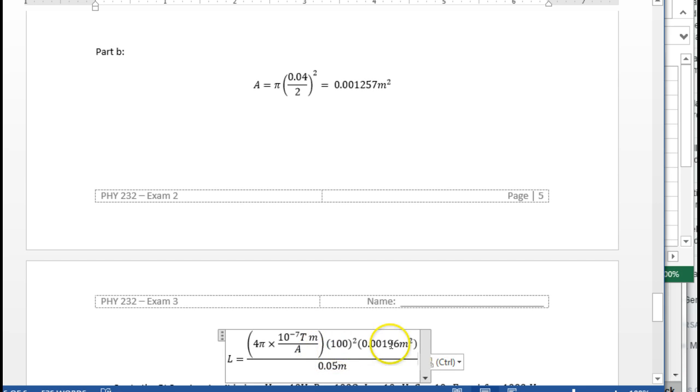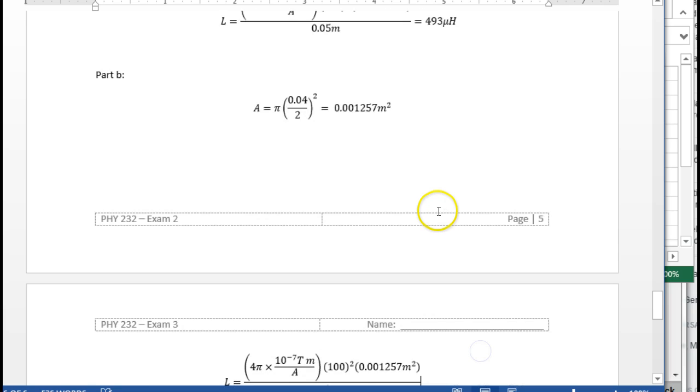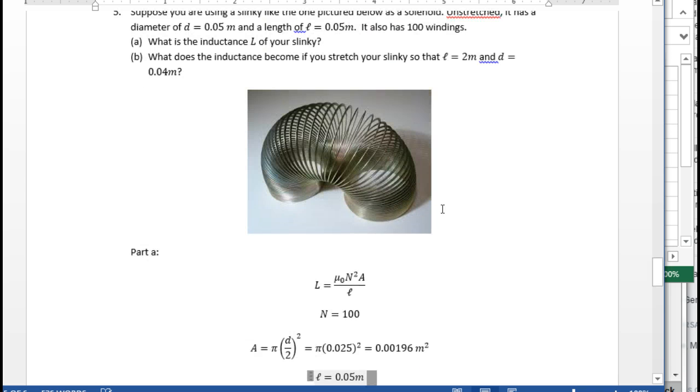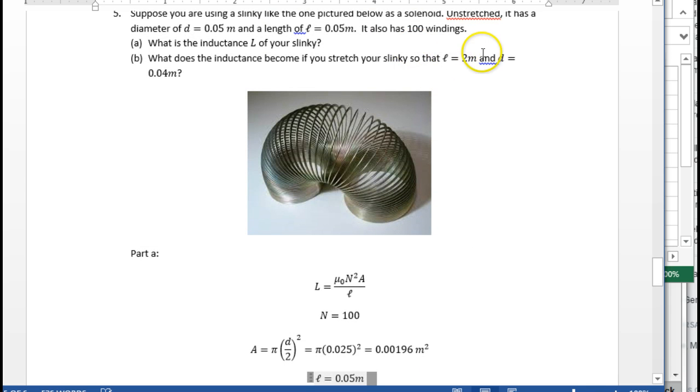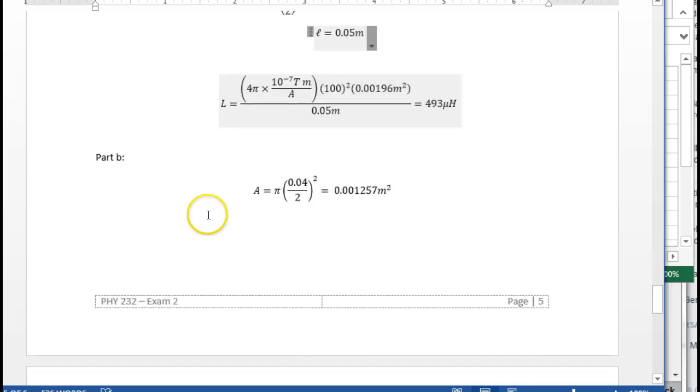All right. So the number of windings stays the same. This is now 0.001257 square meters, and this is 2 meters. All right. Double check. Length 2 meters, diameter 0.04. Okay.